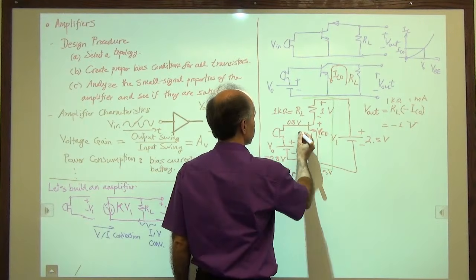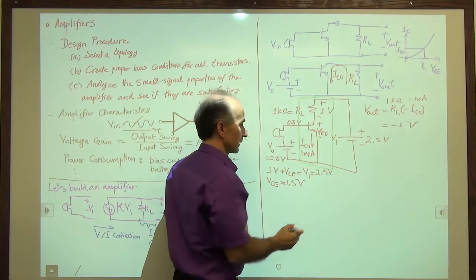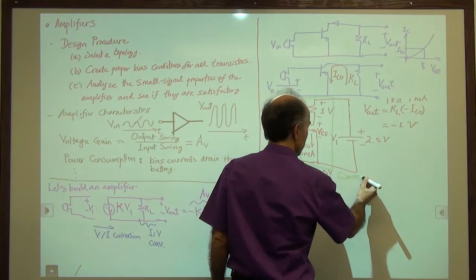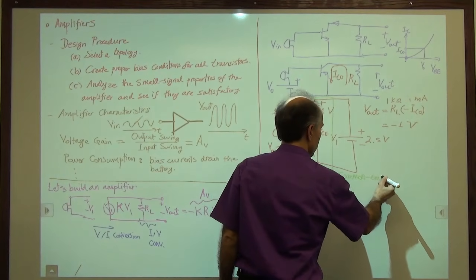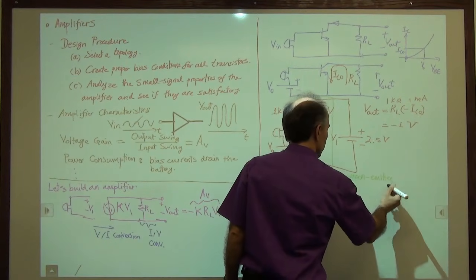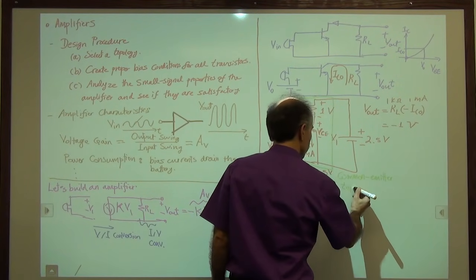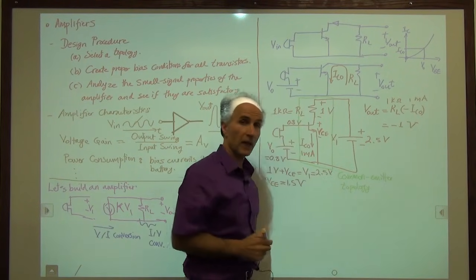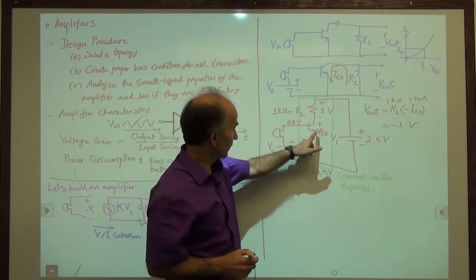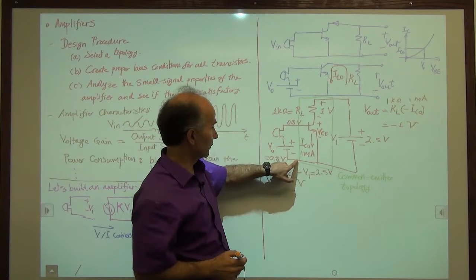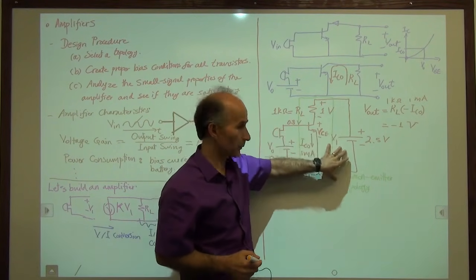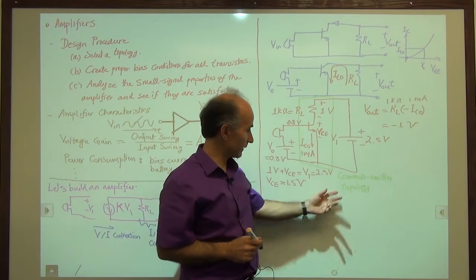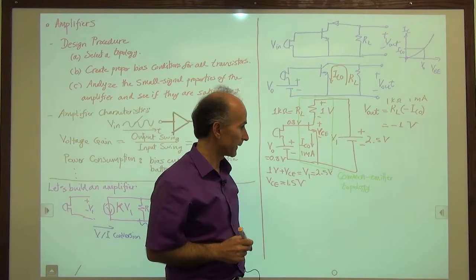This circuit is called the common emitter topology or amplifier. Why do we call it common emitter? Because the emitter happens to be common to the input port and the output port. And these are things that will become clear as we go along. But that's the term that we use.